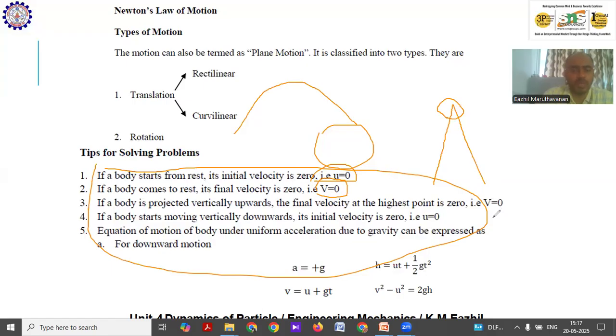That is, the final velocity v is 0. For the second case, if the object falls from the highest point downward, then this v is assumed as u. So we take u as 0 for the vertically downward motion. That is what's given here. By using all these standard formulas, we can solve the problem.